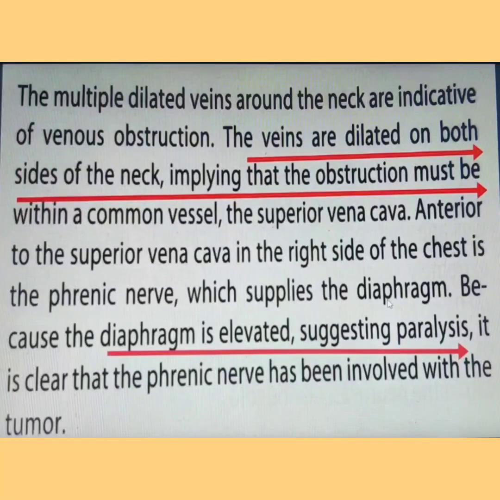So the elevated appearance of the right side of the diaphragm in the chest radiograph is due to paralysis of the right side of the diaphragm because of the involvement of the phrenic nerve in the tumor. So with this we have come to the conclusion.